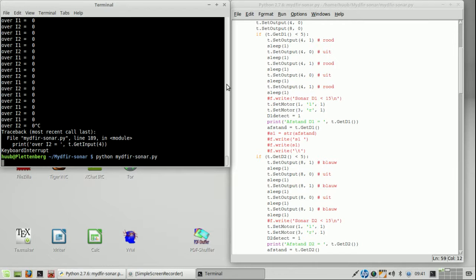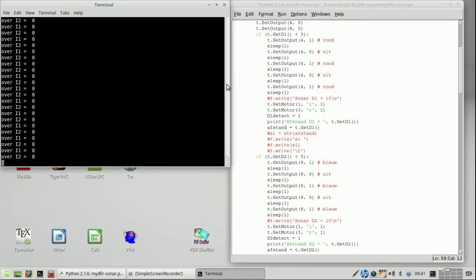Let's do it again. Now the red light is blinking, and as you can see I am moving my hand, or a finger at least, in front over the line sensor, or it should detect it anyway, but no sonar.